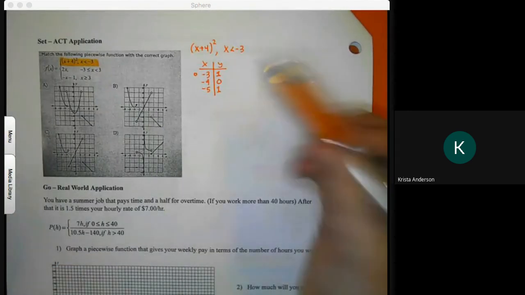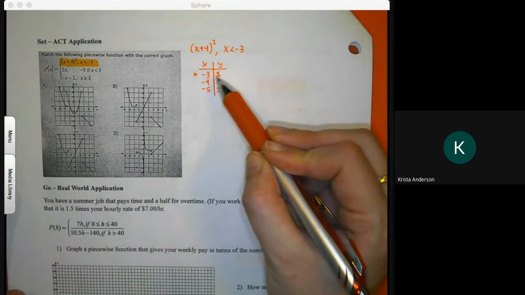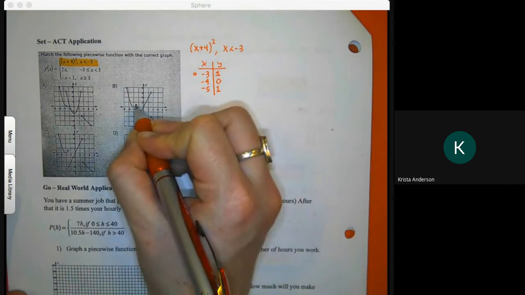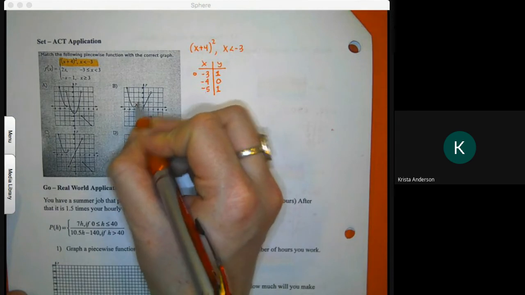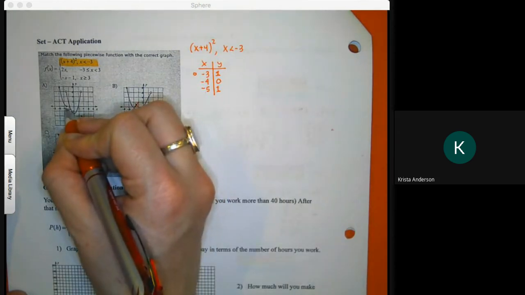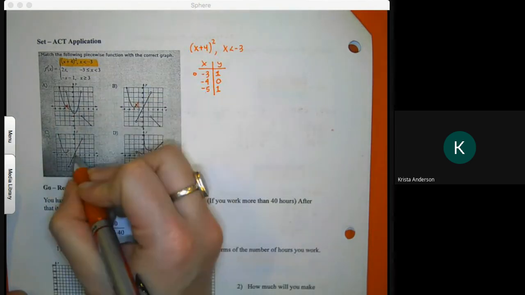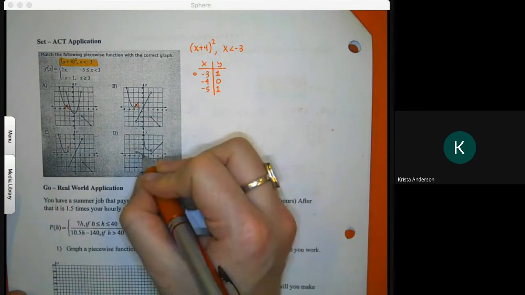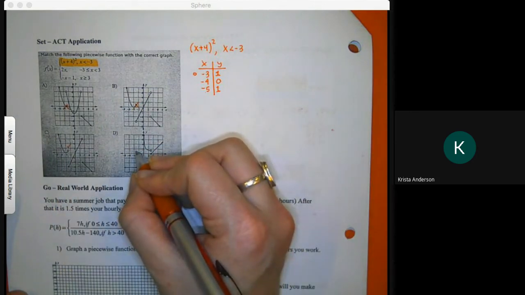So I'm going to check. Where is -3 up 1, an open dot? -3 up 1, is this an open dot? No. Nope, wrong. -3 up 1, is that dot up 1? Nope. -3 up 1, that one works.